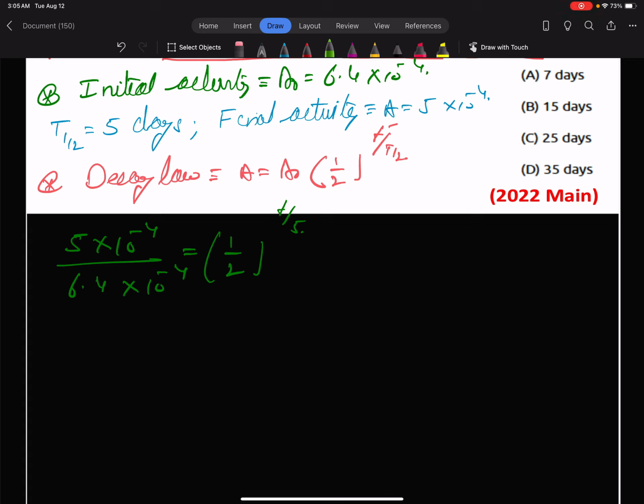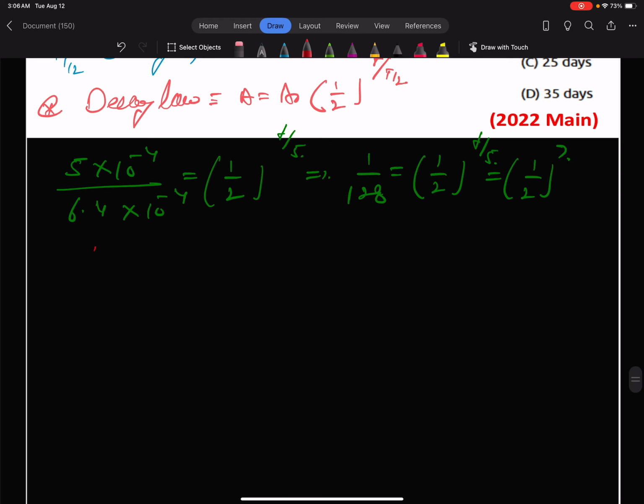So 1 upon 128 can be written as 1 upon 2 whole raised to power 7.